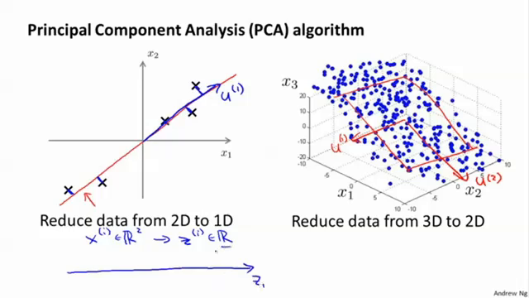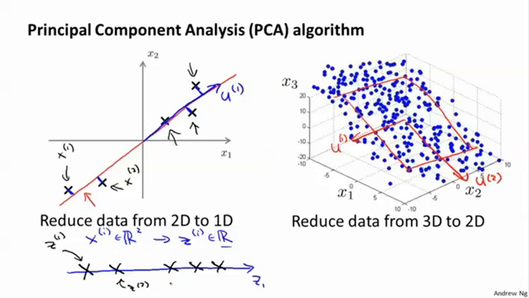Z here is a real number, so it's like a one-dimensional vector. So z1 just refers to the first component of this one by one matrix, this one-dimensional vector. And so we need only one number to specify the position of a point. So if this example here was my example x1, then maybe that gets mapped here, and if this example was x2, maybe that example gets mapped here, so this point here would be z1, and this point here would be z2, and similarly, maybe x3, x4, x5 get mapped to z3, z4, z5.